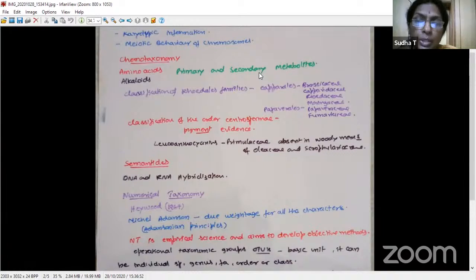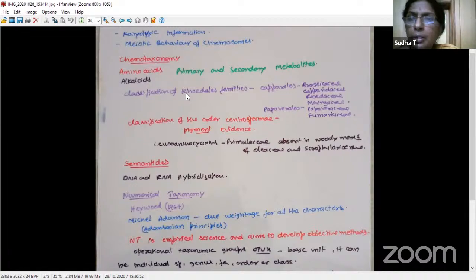for classification, from Cronquist onwards. Cronquist, Thorne, different classifications have been made in the angiosperms. They all gave so much importance to chemotaxonomy because it appears more credible than morphological characters.